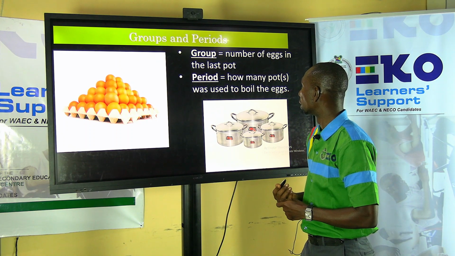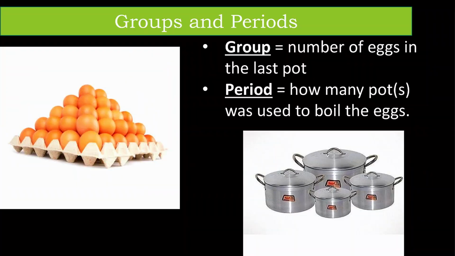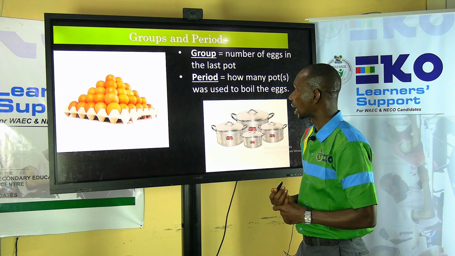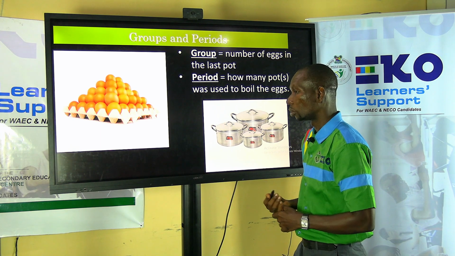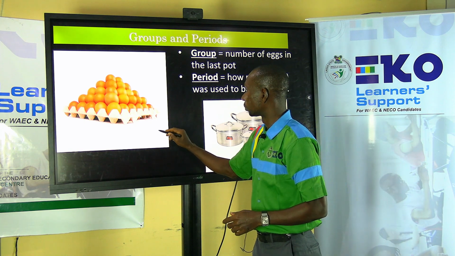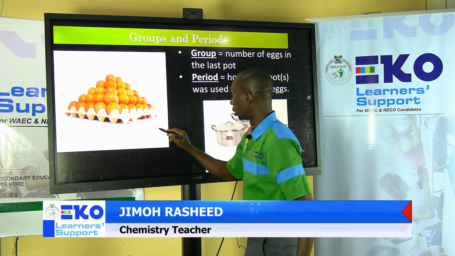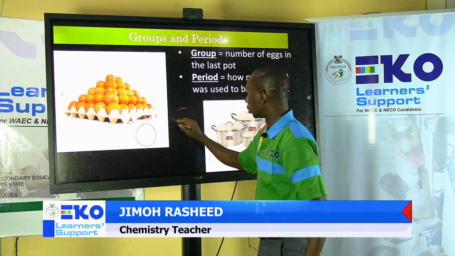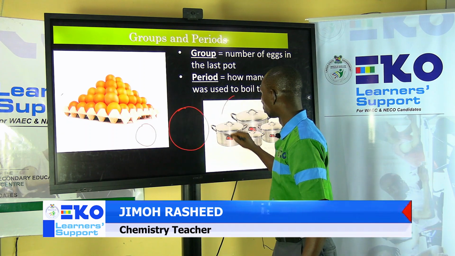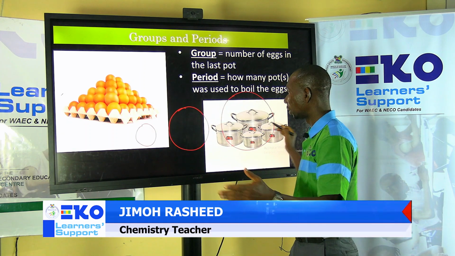So the group is actually the number, okay? I'm using eggs, for example, here to represent the information. The number of eggs in the last pot. So if, for example, you have a series of pots, and each pot has a capacity that it can hold. Like you have pot 1, pot 2, pot 3, arranged like that.